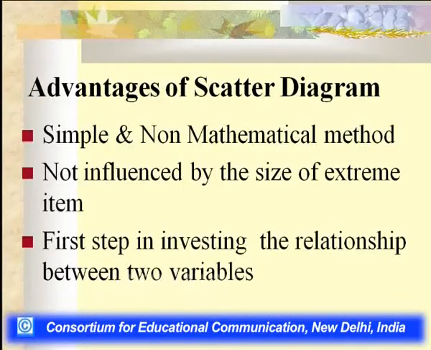So I hope with these words you will be able to see that the scatter diagram is a non-mathematical way of finding the relationship, it is not influenced by the extreme items, and of course the relationship would come to you, but not the exact degree of correlation. So it cannot be adopted to find the exact coefficient of correlation. So this was the disadvantage.